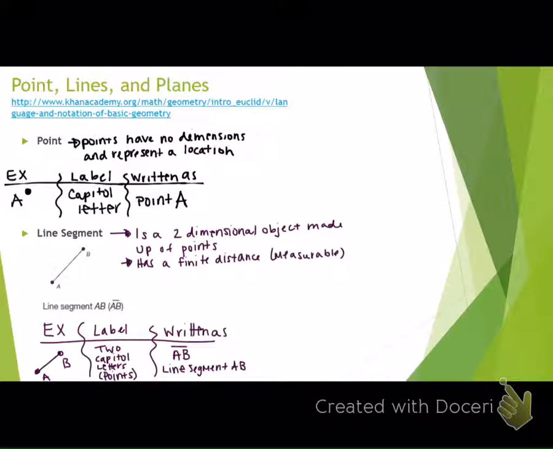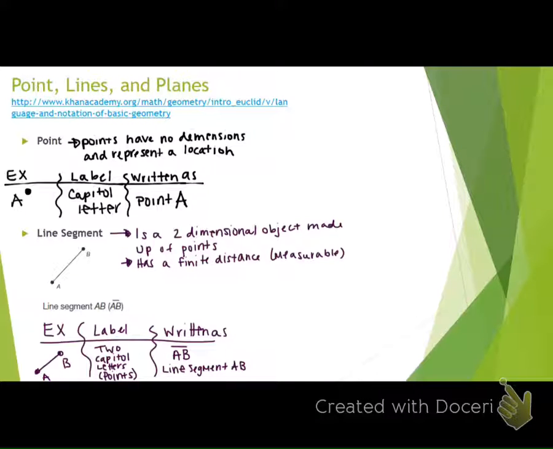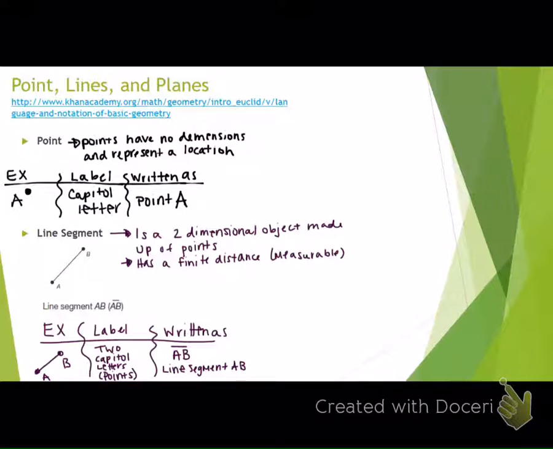All right, so a line segment would be like if we had 2 points, St. Peters and O'Fallon, and the line segment to get there, if it was a straight-line distance. It starts and stops. You start in St. Peters, you end in St. Louis. That is a line segment, okay?